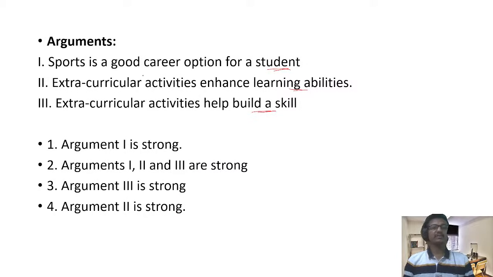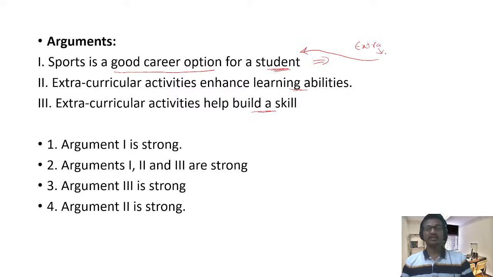If you look at the first argument, sports is a good career option for a student. You cannot guarantee that if you provide extracurricular activities, every student chooses sports as a career option.